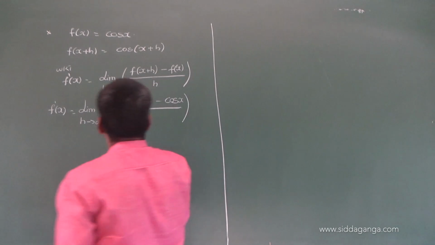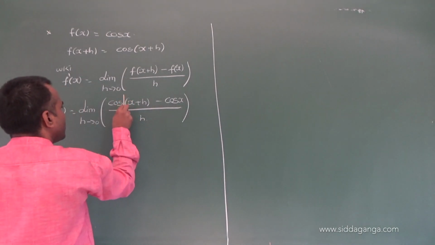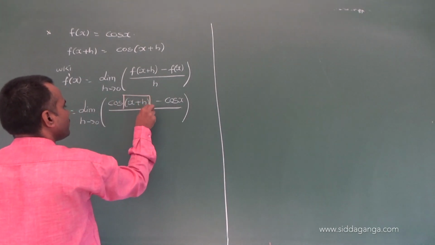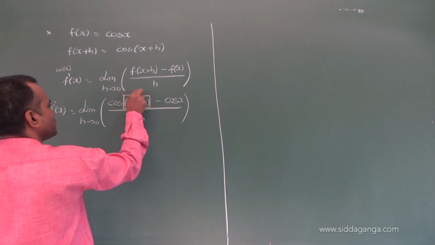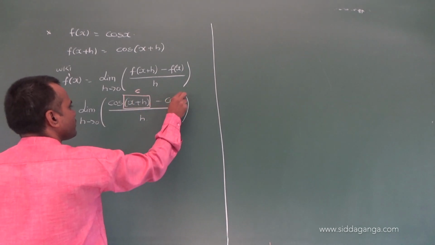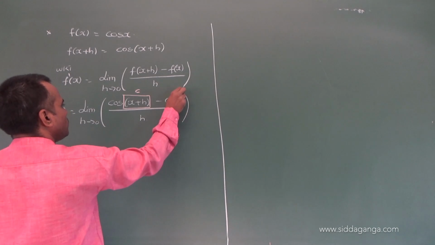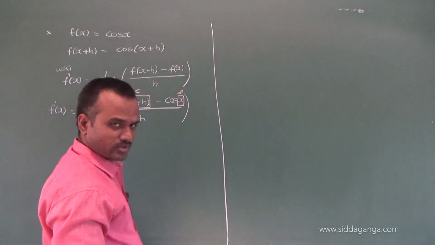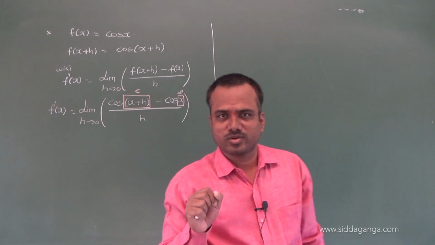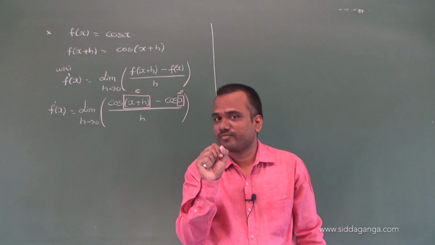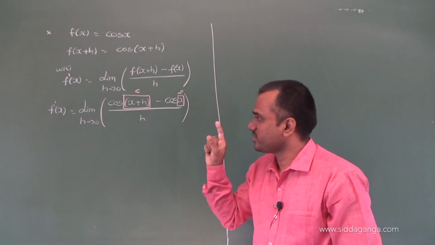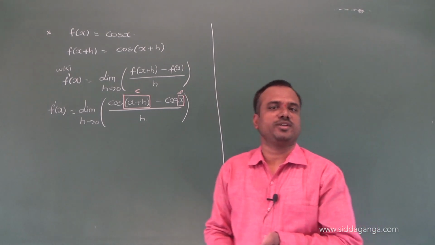This value is C, this value is D. Observe here, it is in the form of cos C minus cos D, correct?